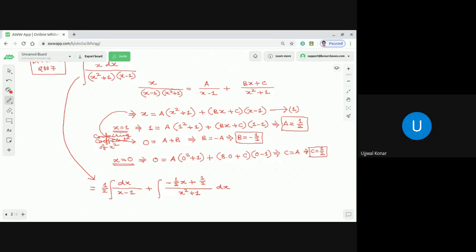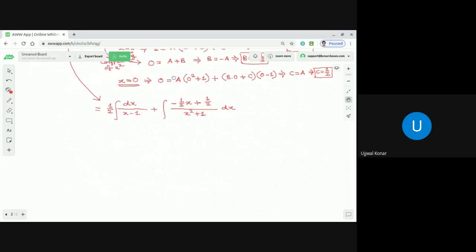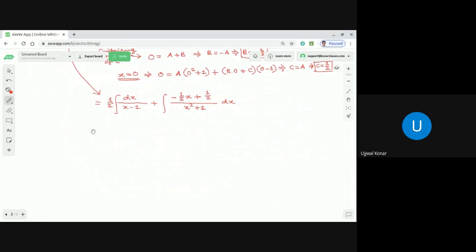Then after that, things are very straightforward. After that, half is taken out. Let me complete it so that you understand how simple it is. It is really a simple one. So 1 by 2 integration dx by x minus 1, and I'm doing it very slowly so that you can understand each and every step I'm following.